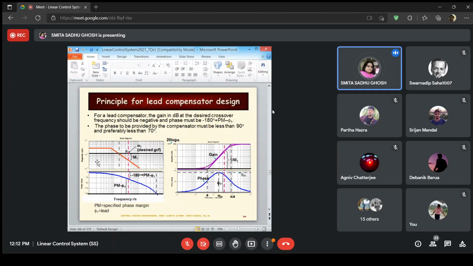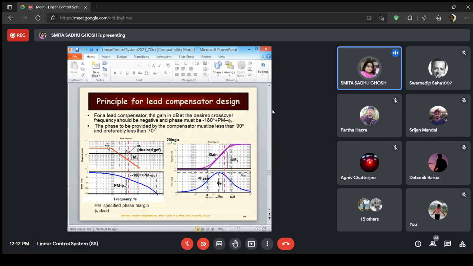Now on the left hand side, there is a Bode plot, the magnitude and the phase plot. This is for a general system, not any specific system, a general physical system, right? The general trend shown is that the magnitude initially remains constant and then gets attenuated at a particular slope.